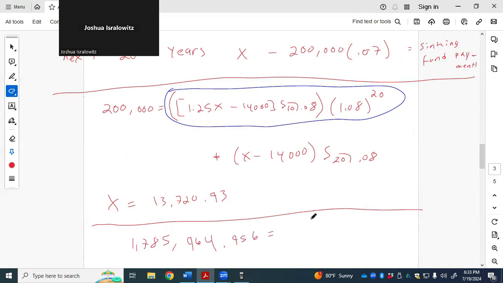Okay, so what's in front of the x? Well, it's 1.25 s angle 10 at 0.08, times 1.08 to the 20th, plus s angle 20 at 0.08. Let's get this number here. It's x times this whole thing.